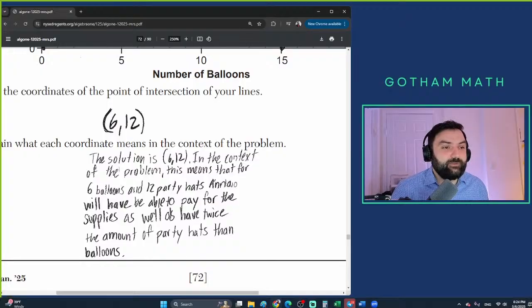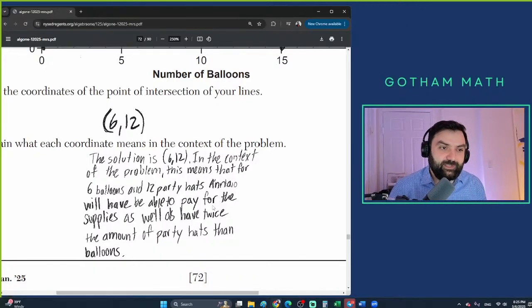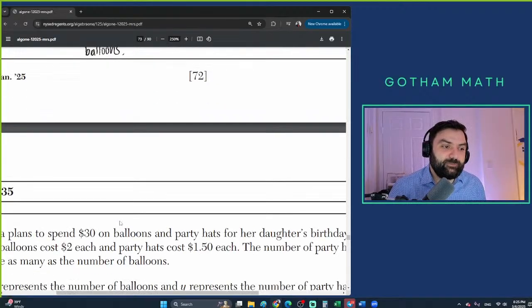In the context of the problem, this means that for 6 balloons and 12 party hats, she will be able to pay for the supplies as well as have twice. Okay, so this is a little bit extra, but pretty much exactly what I said.